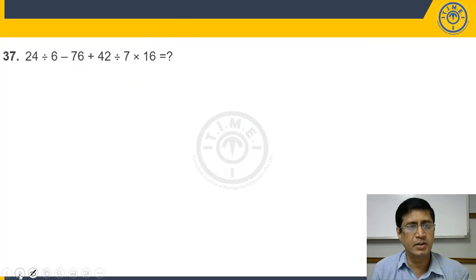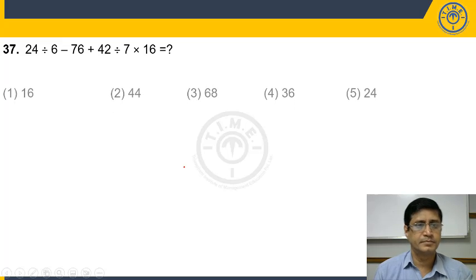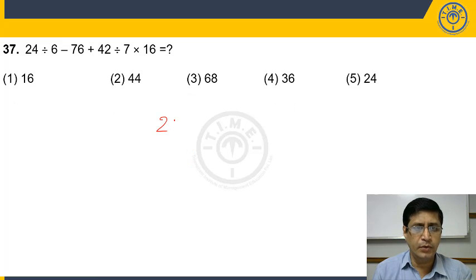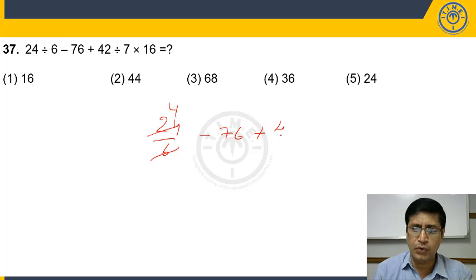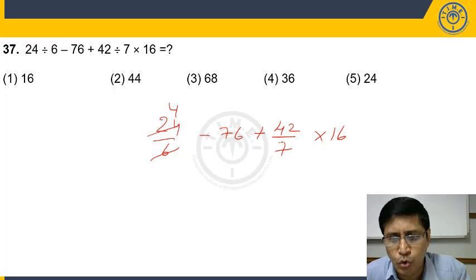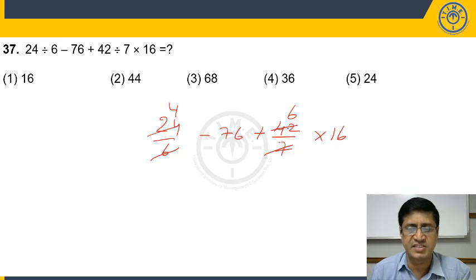Now, next example on your screen. 24 by 6. Exactly, it goes how many times? 4 times. Minus 76 plus 42 by 7 into 16. By applying the BODMAS rule, 7 goes how many times? 6 times.